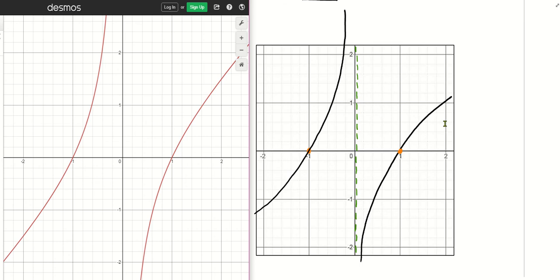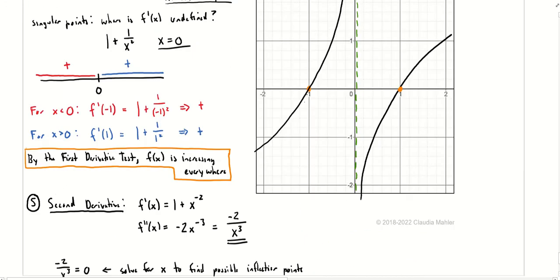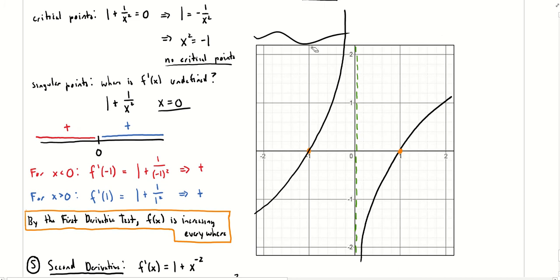And part of the reason that we were able to draw it so specifically, even without additional points, is because those concavity pieces actually limit how these sides can look. There's no way I could draw another concave down image here and not have it run into the vertical asymptote, for example. There's not really a way that I could draw this where I have both an increasing function and concave down without it running into this somehow.